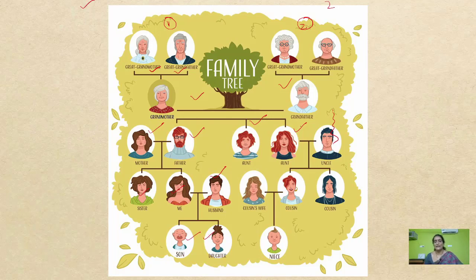Okay children, let us see here. Aunt got married to uncle and they have two children. This is one cousin and this is other cousin. This cousin married one more girl. This is cousin's wife and they have given birth to a child. He is your nephew, or she is your niece. So here children, your cousin, you, your children, your niece, everybody has common great grandparents.